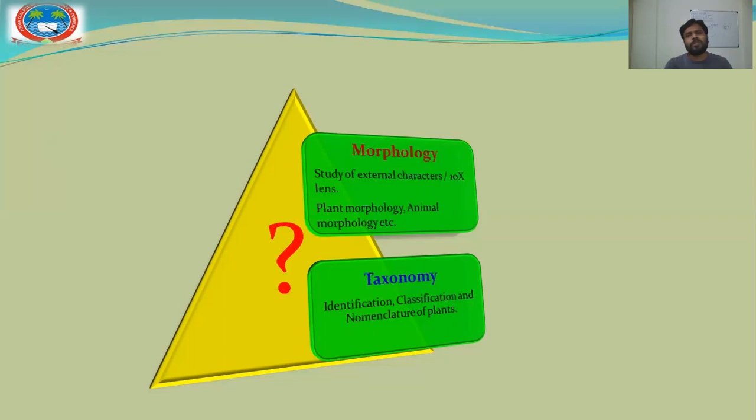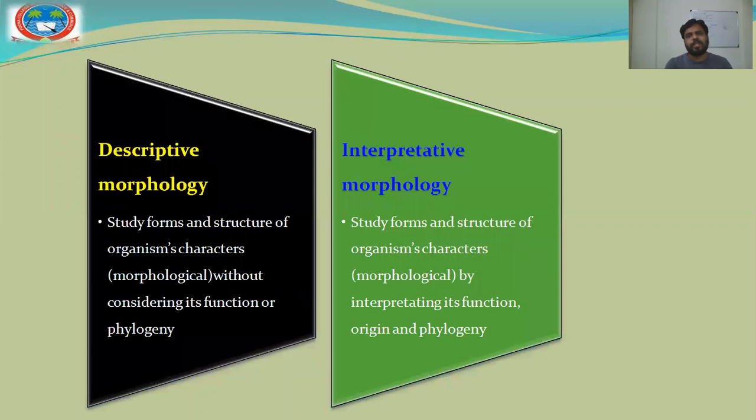Now this morphology is studied at various levels. For example, it is studied at two levels called descriptive morphology and interpretative morphology. What is meant by descriptive morphology and interpretative morphology? We'll see one by one in detail.